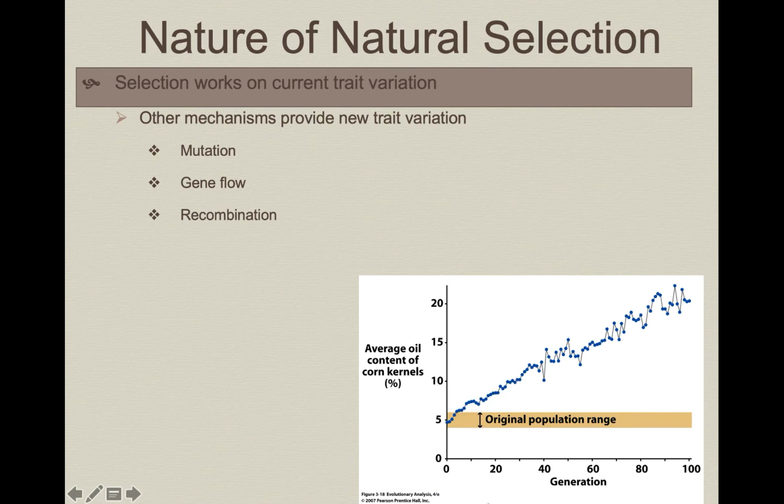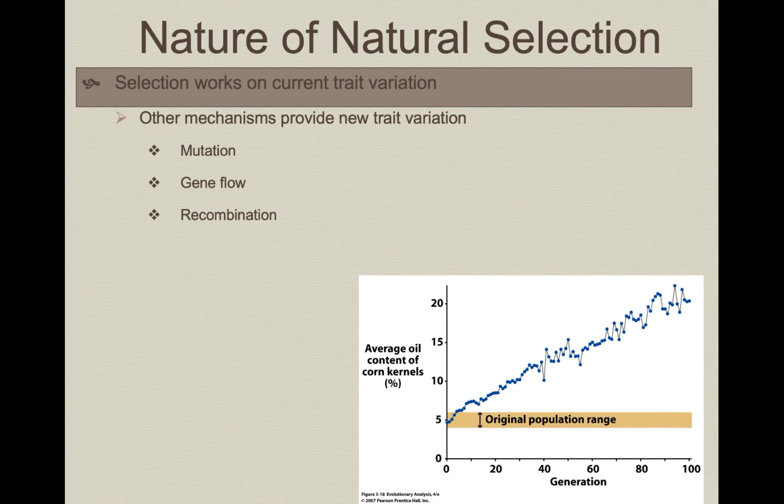And the reason for that is that, through the introduction of new alleles, we have created certain individuals that now have higher oil content that selection will then see. And these other mechanisms are mutation, gene flow, and genetic recombination.